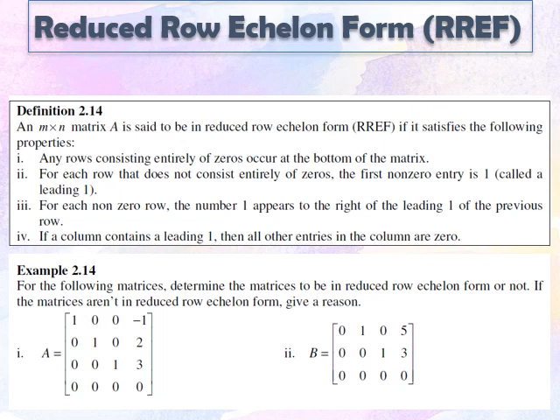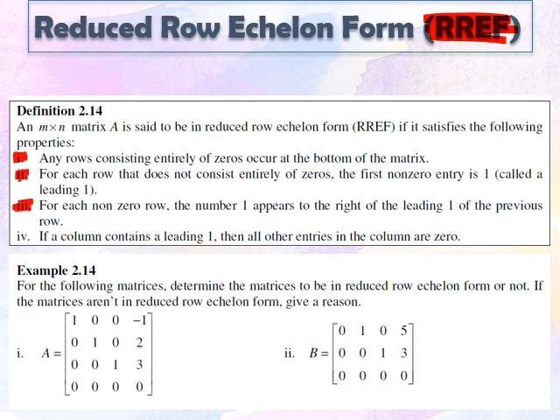So this is one more form, which is reduced row echelon form, or we say RREF. So it's the same thing. All 0 entry rows will be at the bottom, and for each row that does not consist entirely of 0, the first non-zero entry is 1, called the leading 1.